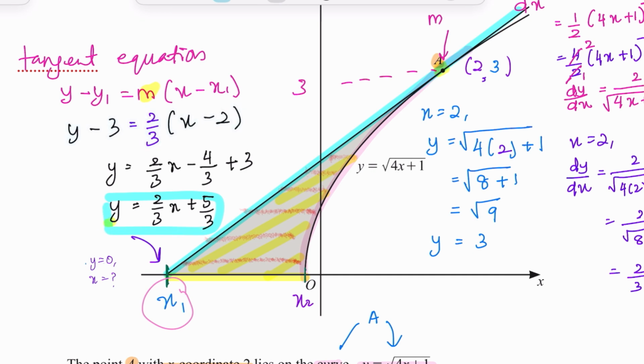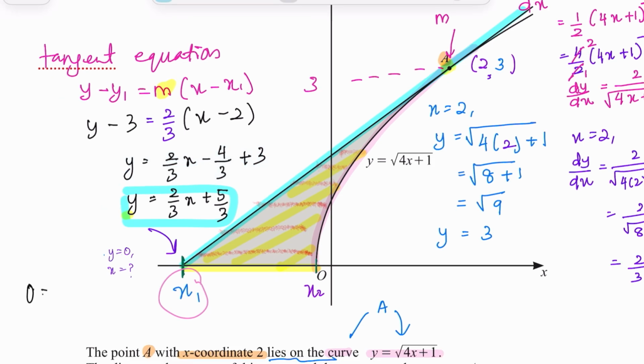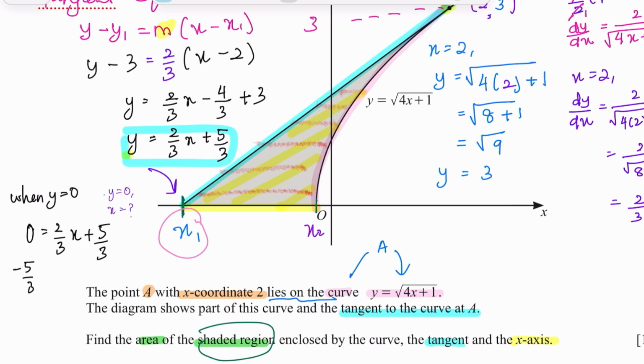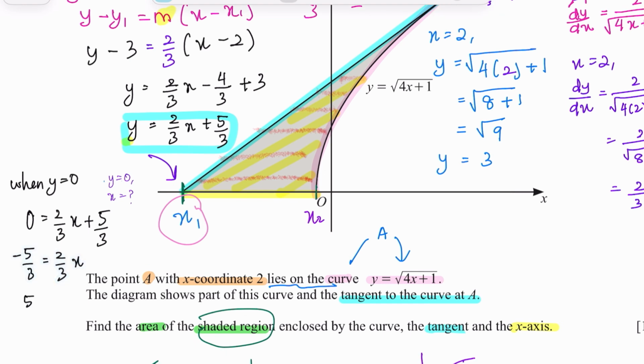Now this equation will represent this straight line. Okay? Now my goal is to find this, what is the x. Since I know y over here will be 0, I'm going to substitute 0 here. When y equal to 0, then 0 equals 2 over 3x plus 5 over 3, so 2 over 3x equals negative 5 over 3, and x is negative 5 over 2.